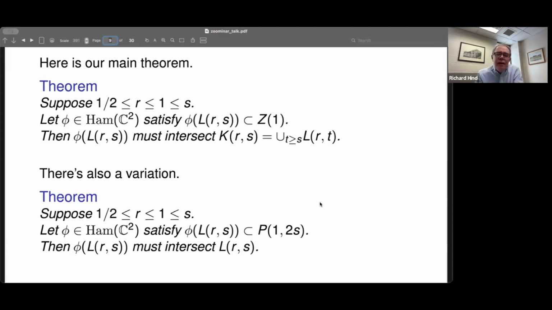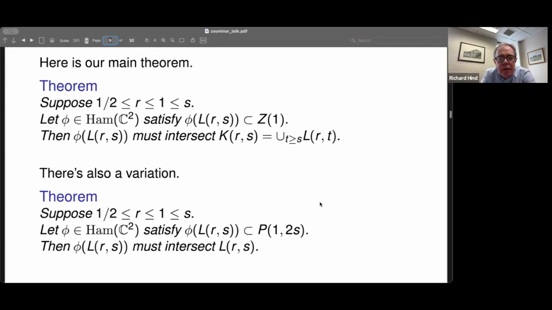So in particular, phi LRS is Hamiltonian isotopic to the Lagrangian in C2, but it might not be Hamiltonian isotopic to the product Lagrangian in the polydisk. So it seems hard to get at this using Floer theory methods. Anyway, those are the main results here.